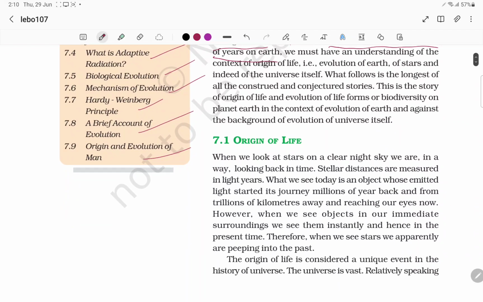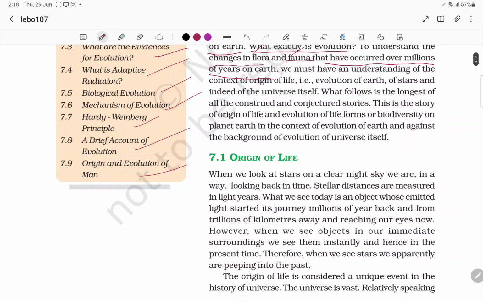We must first understand the origin of life. Before the origin of life, the earth has to originate, right? It's how the earth originated. If you want to understand the earth, you have to understand the galaxy. If you want to understand the galaxy, you have to understand the universe. So all these things we are going to see one after the other.